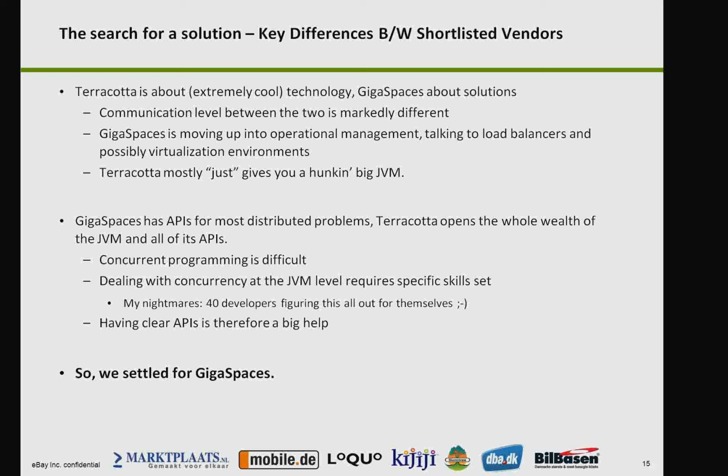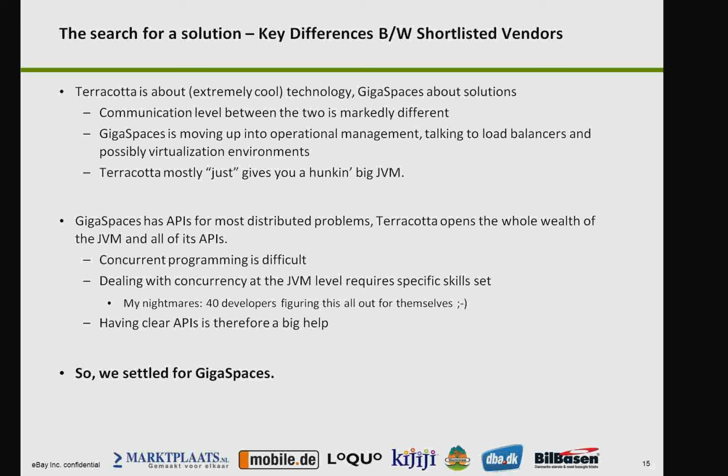And Terracotta says, well, this is a huge, very funky distributed JVM, but you're basically on your own trying to write solutions on it. There are patterns, but it's a huge unknown world. And that's another point where GigaSpaces really had an advantage for us.